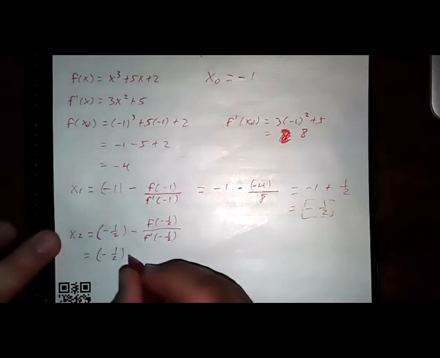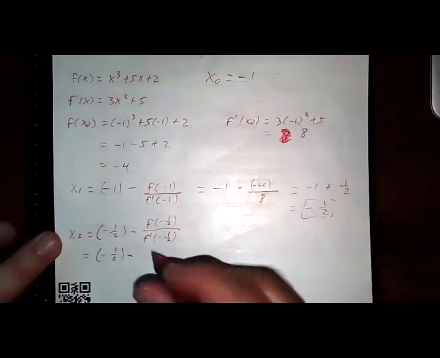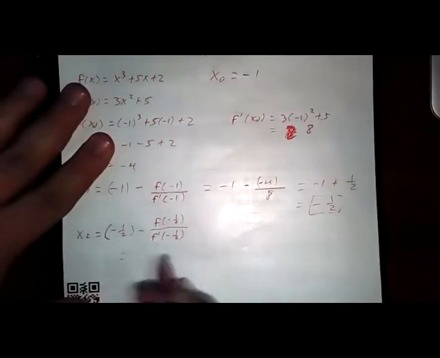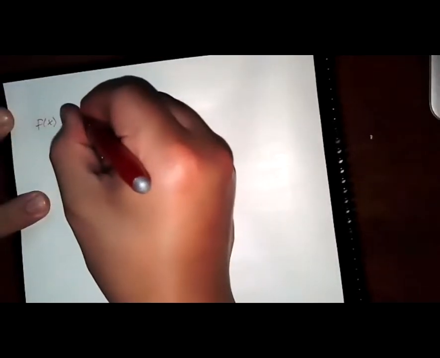So -1/2 minus, so plug in -1/2 to the original function. You know what, let me make some space here. I'll just go ahead and turn the page. It's fine. f was x cubed plus 5x plus 2.